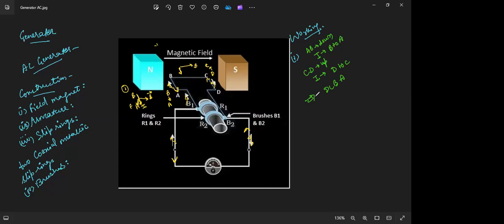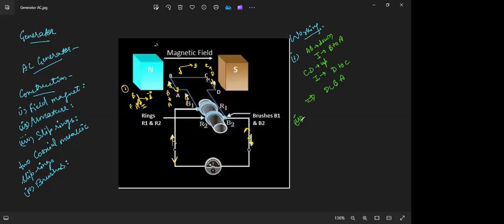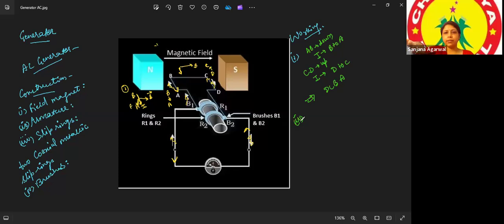Now, second point. This is the case until the coil completes half rotation, means when CD will be on the left side and AB reaches the right side. After half revolution, the sides AB and DC will interchange their positions.